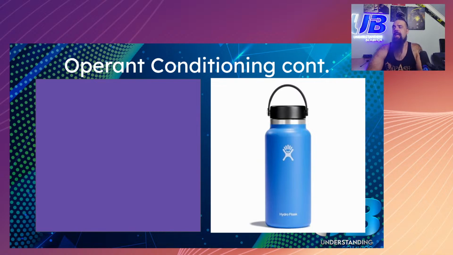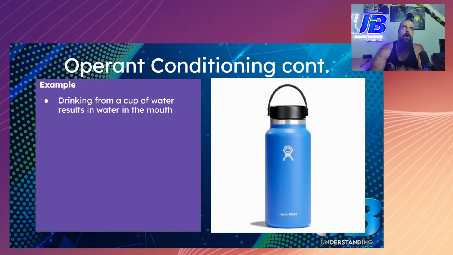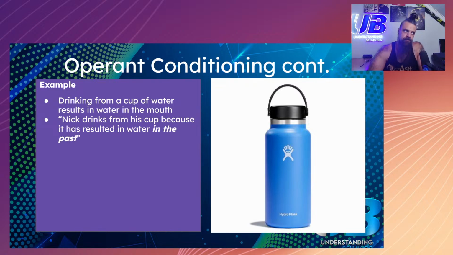Just to look at a really simple behavior and how all these things can take place: drinking from a cup results in water in the mouth. This is a positive reinforcement because this behavior results in a stimulus that maintains or increases the rate of that behavior.